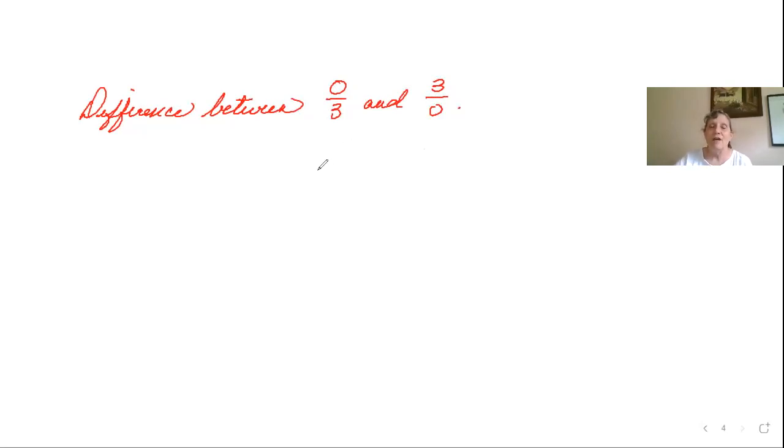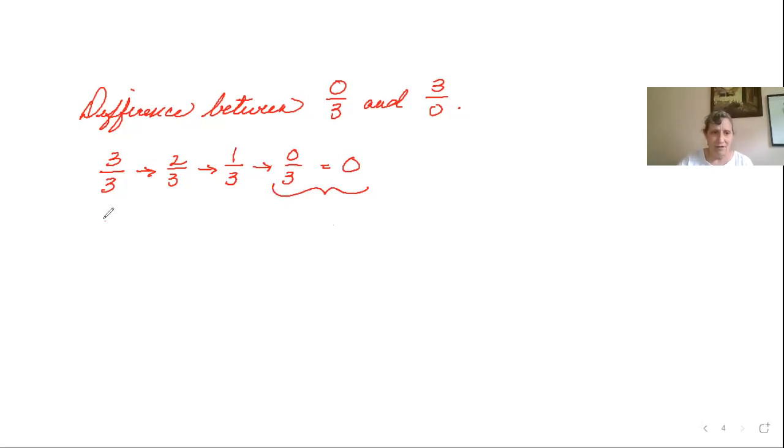It is possible to have 0/3. Let's say you have a candy bar and you break it in 3 pieces. So you have 3/3. You give one away, you're down to 2/3. You give another one away, you're down to 1/3. And you eat that, so now you have 0 of your thirds. 0/3 is equal to the number 0.